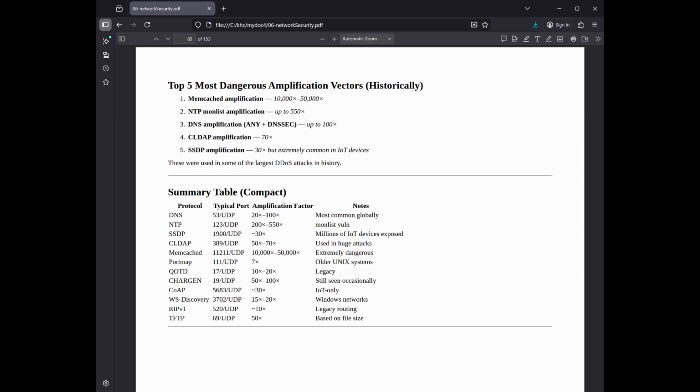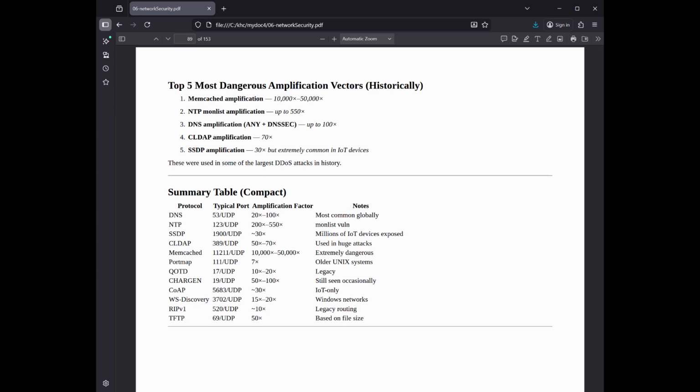Summary table, compact. Protocol, typical port, amplification factor, notes. DNS, 53/UDP, 20 times, 100 times, most common globally. NTP, 123/UDP, 200 times, 550 times, monlist vulnerability. SSDP, 1900/UDP, 30 times, millions of IoT devices exposed. CLDAP, 389/UDP, 50 times, 70 times, used in huge attacks.